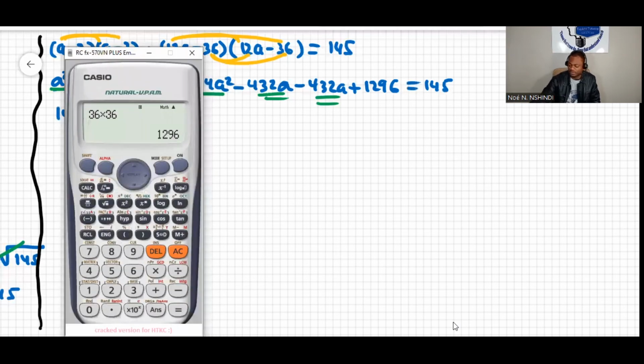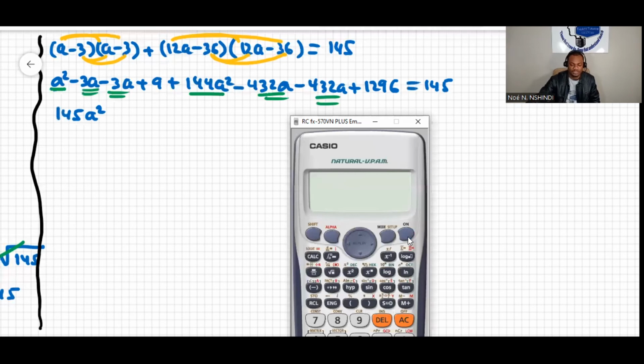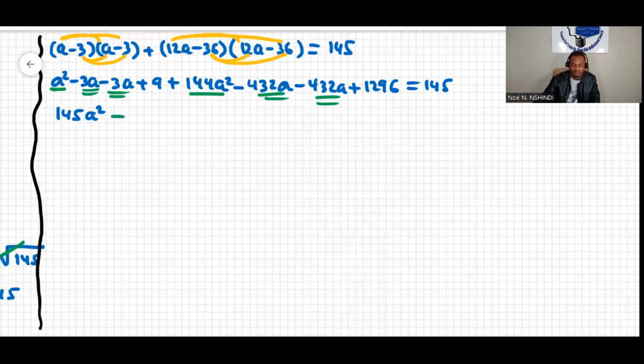If you're unsure, you can use a calculator. This would be negative 3, negative 3, negative 432, negative 432, which equals negative 870. So that makes negative 870A.